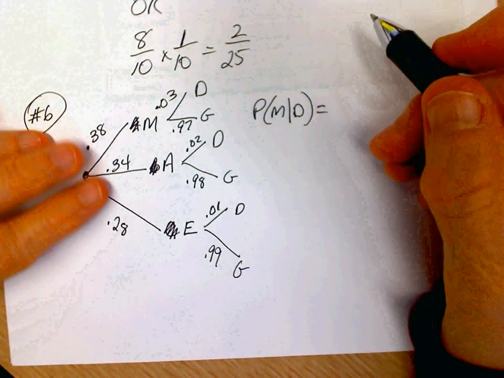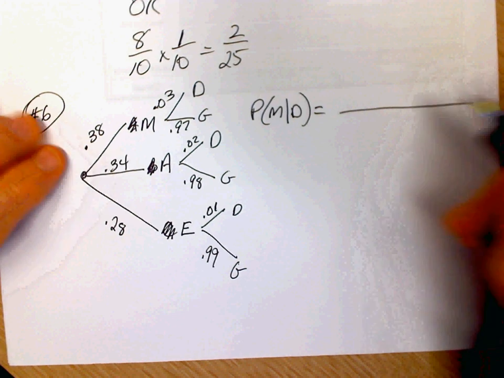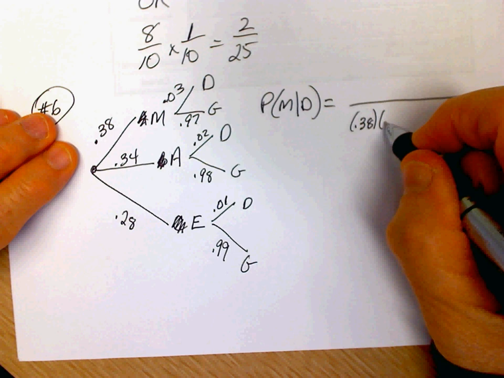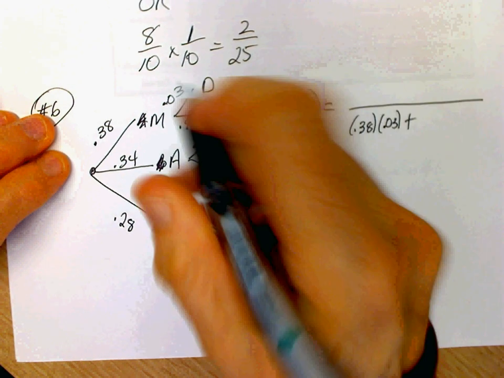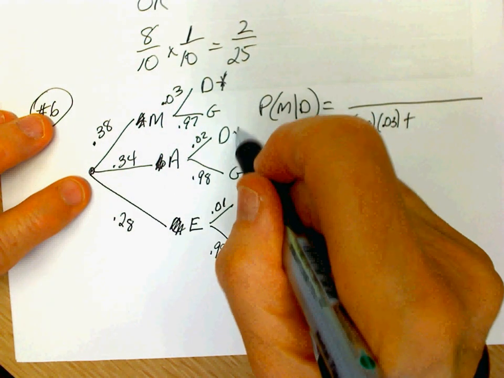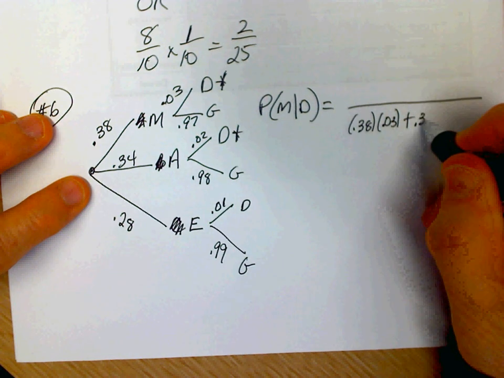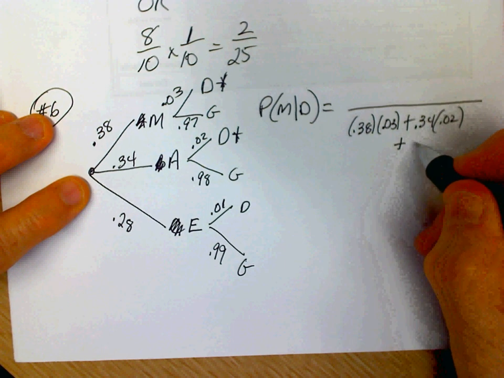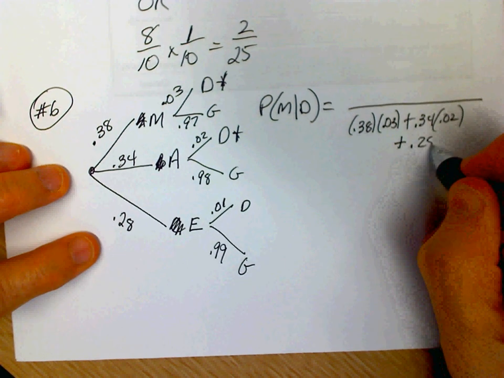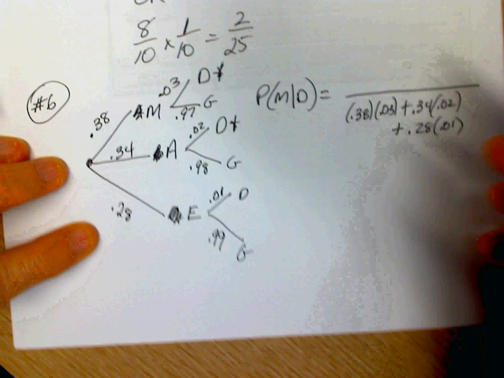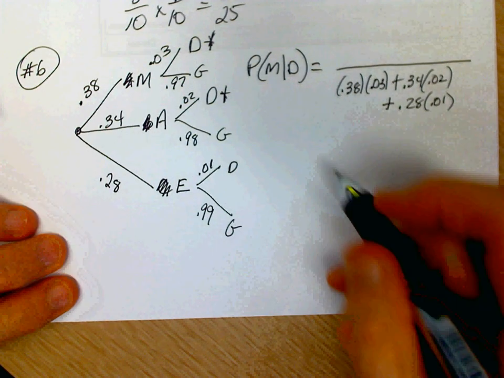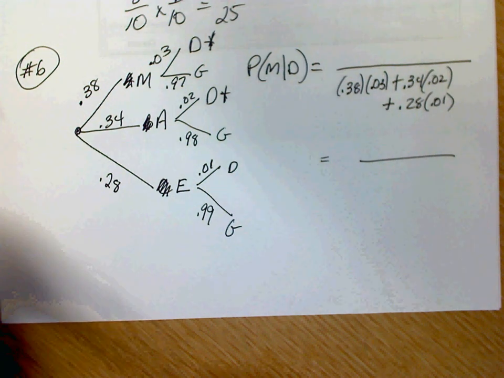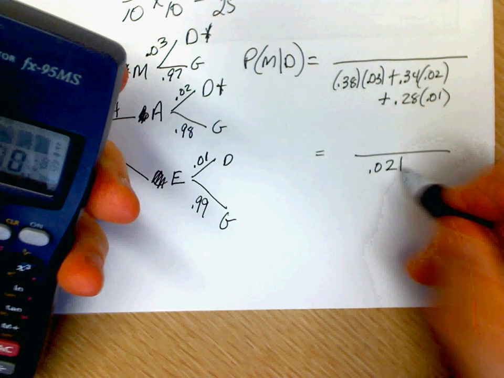So, the probability it's defective is 0.38 times 0.03, right? This branch plus this branch, 0.34 times 0.02 plus 0.28 times 0.01, and we'll just work that out right now. 0.021.